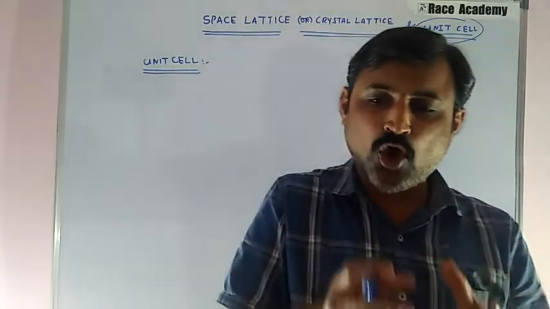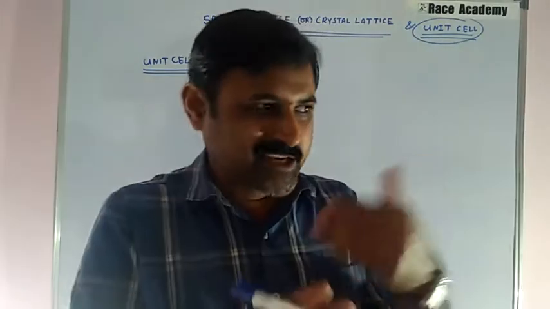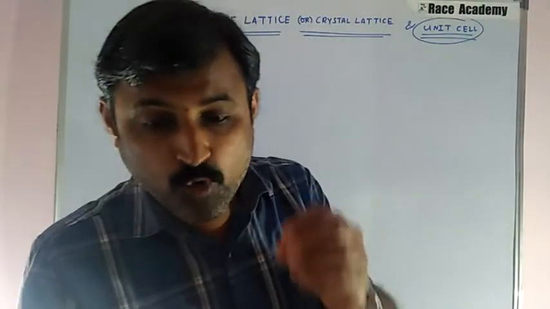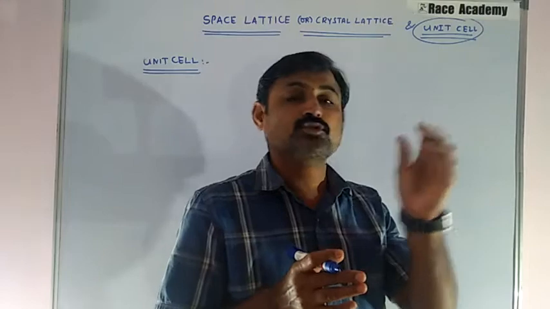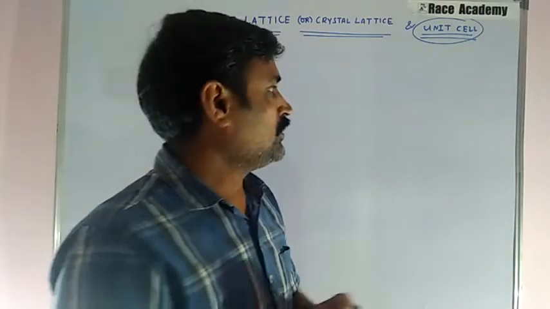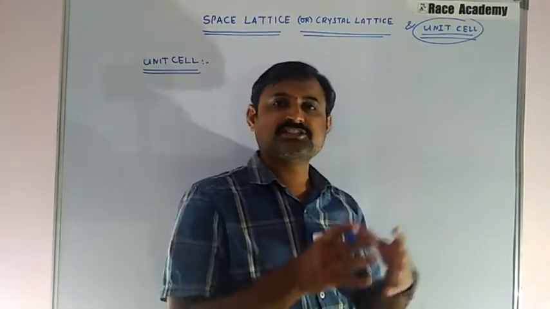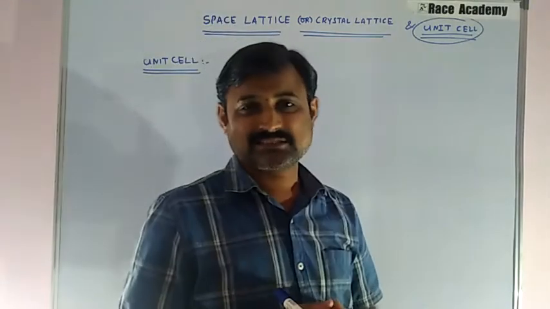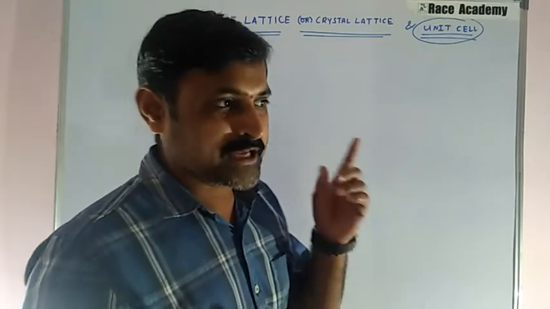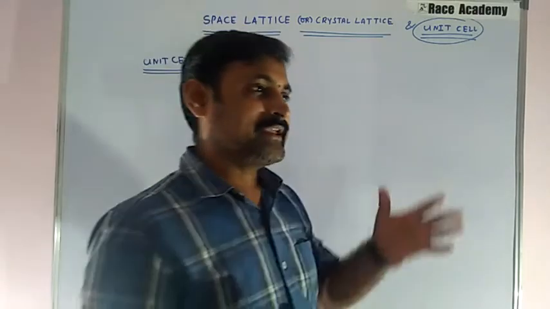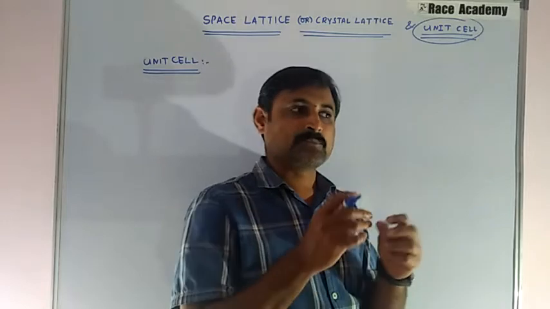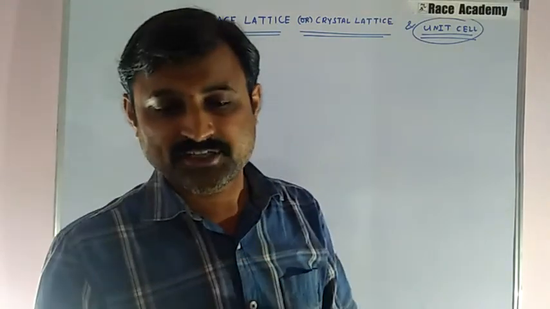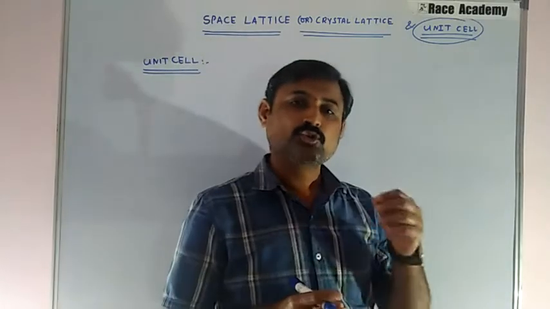If there is a choice between two or more repeating units, the one which has the smallest number of points is chosen as the unit cell. So there is a condition. How to choose the unit cell in the crystal lattice? In a crystal lattice, when you observe a repeating unit with the smallest number of lattice points, that is considered the unit cell.